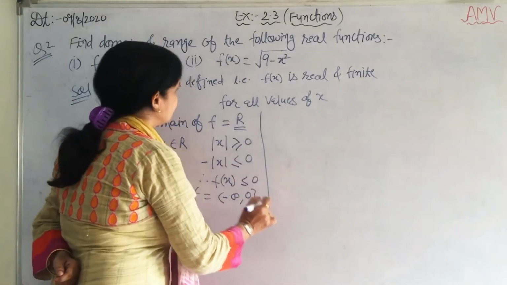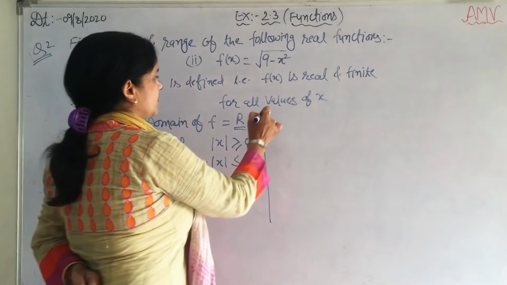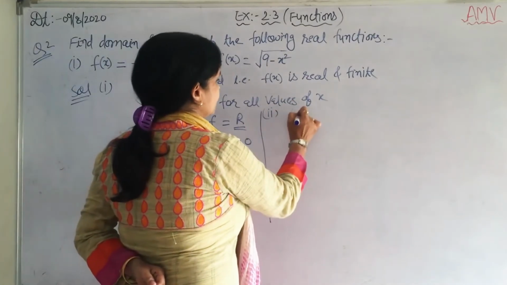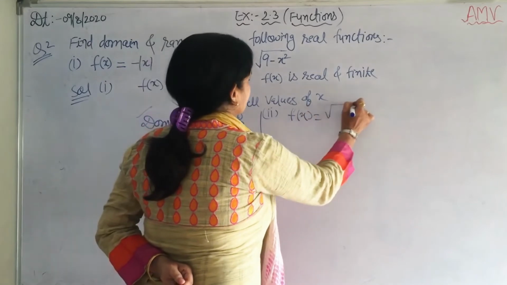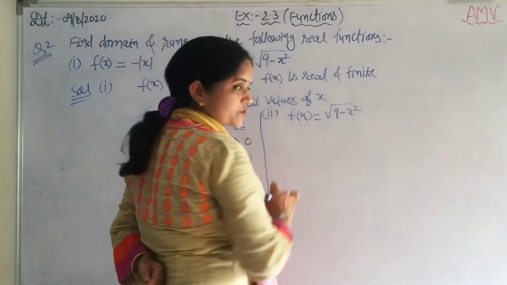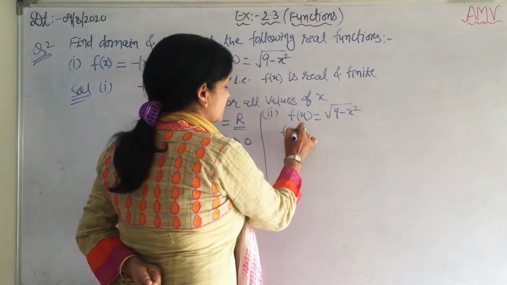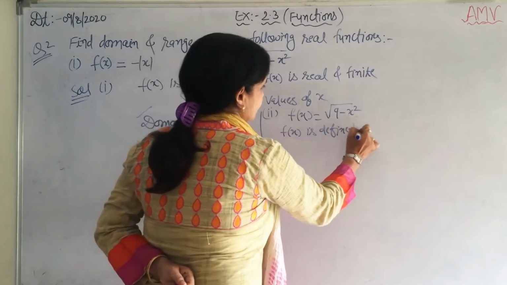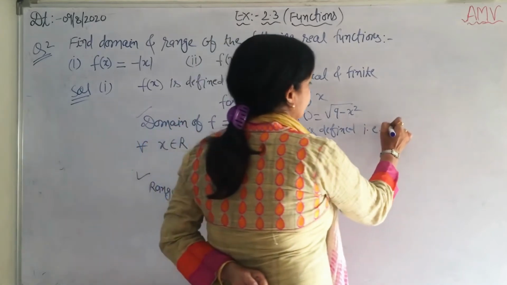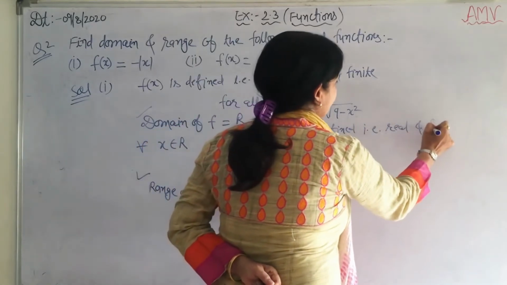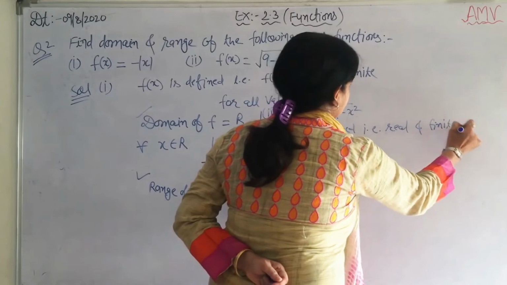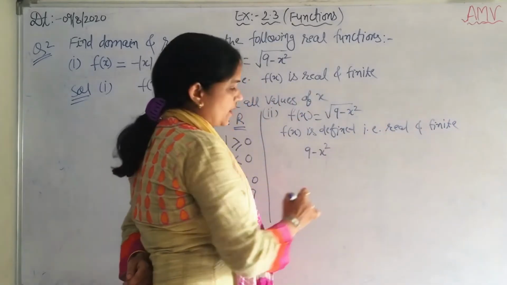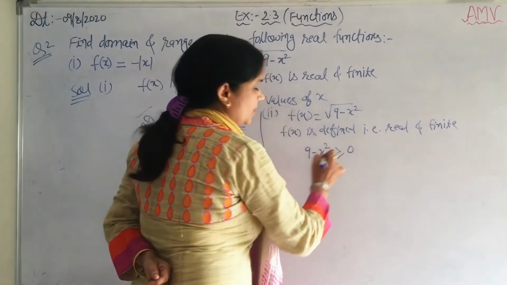Now move to the second part. Okay, for the second part here f(x) is given root of 9 minus x square. Okay, here also students, f(x) is defined, that is real and finite, and this value 9 minus x square is greater than or equal to 0.